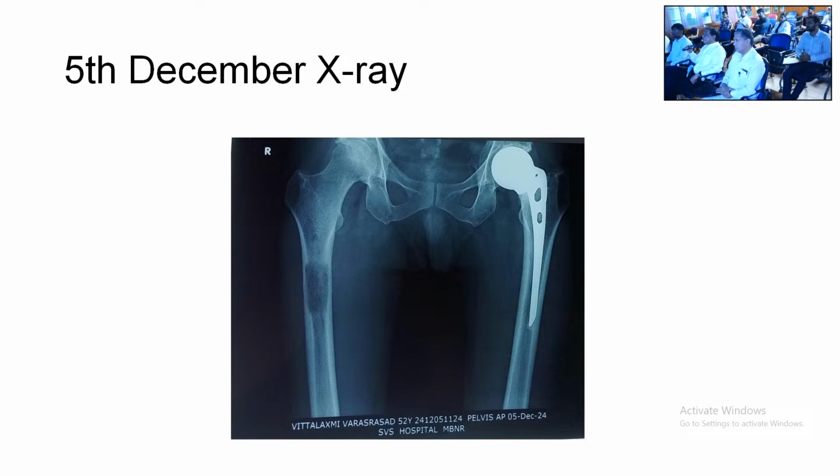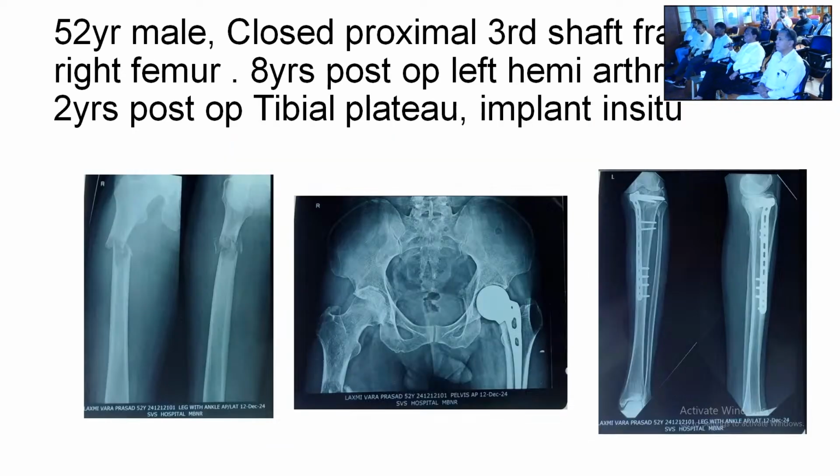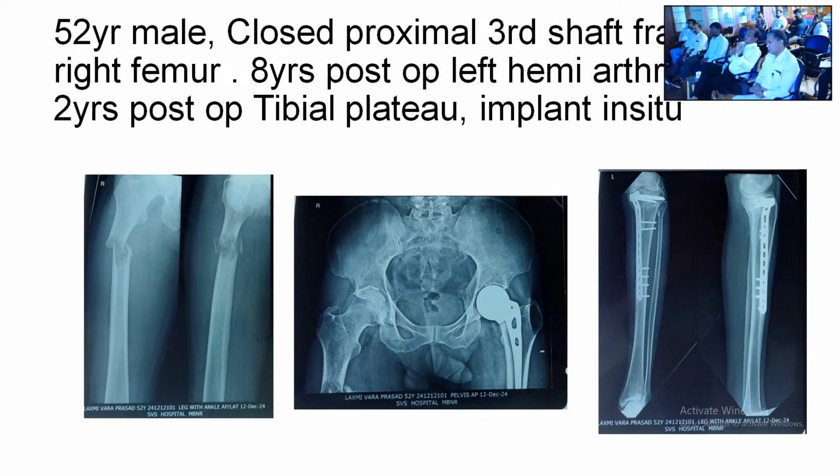Okay. Next one. What is the most important part in the management of any malignancy or tumor? What is the key for management and treatment? If you want to get the best treatment, what do you want to know? Diagnosis is very, very important.